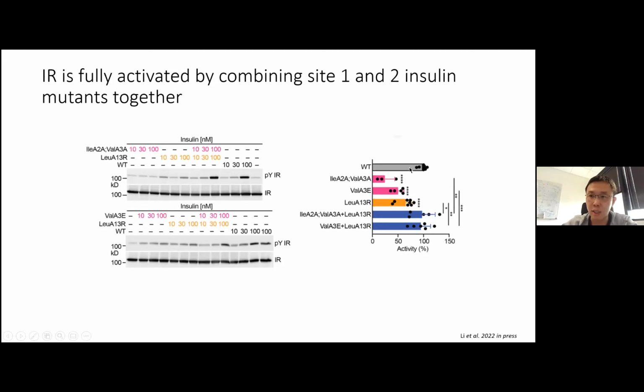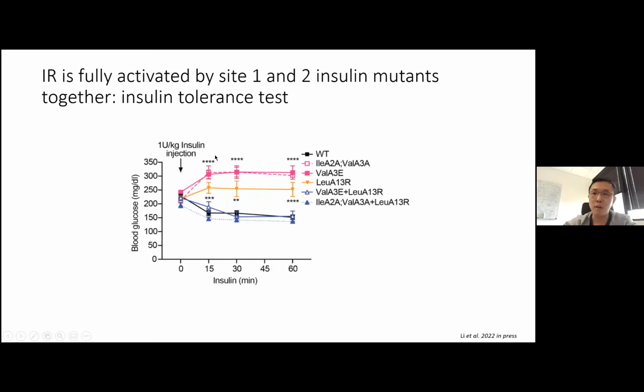And that is just the quantified result. The receptor cannot be activated fully by either the Sat1 mutant or Sat2 mutant alone, but it can be activated to the fully active state by the combination of Sat1 and Sat2 mutants together. We also performed what is called an insulin tolerance test. That is, you inject insulin into the mouse. If you only inject the insulin Sat1 mutant or Sat2 mutant alone, the glucose level of the mouse cannot be reduced.